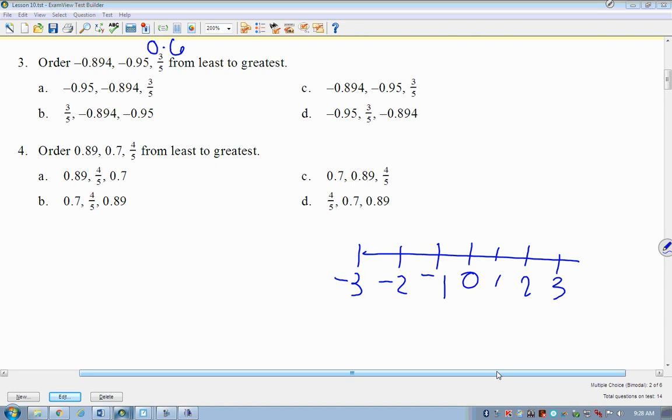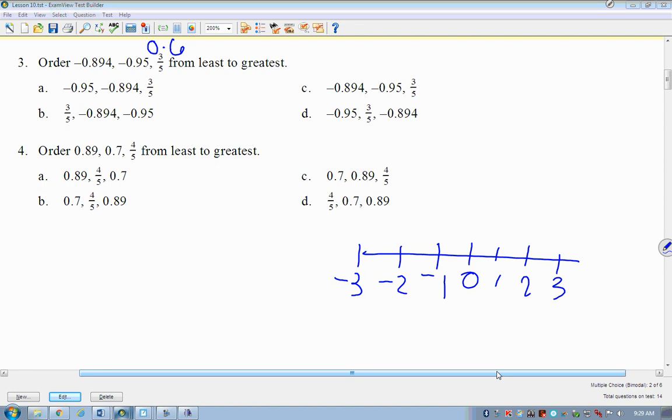Which means the greater the negative number in what we're used to imagining, the smaller it is. -4 is smaller than -3. Even though the number appears to be bigger, that negative sign actually means that it's smaller. We understand that, right?